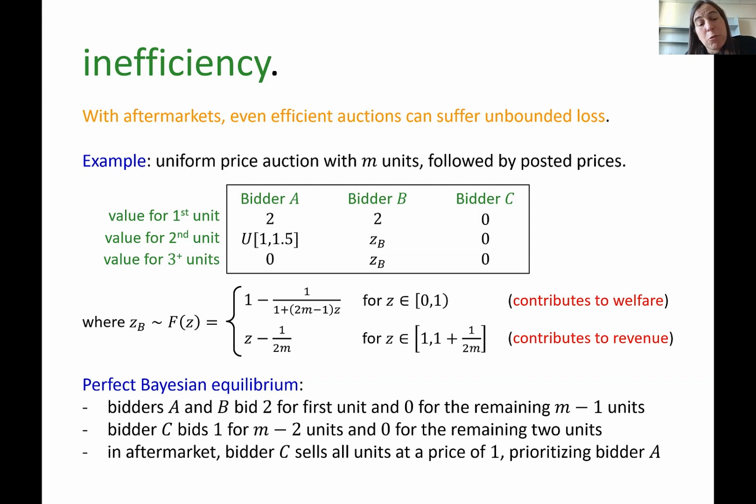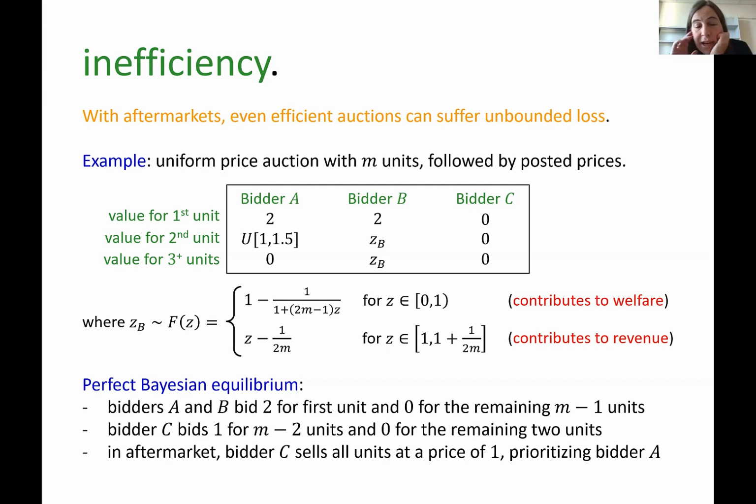This is why bidders A and B don't want to increase their bids for units beyond the first, because then they would be suffering by paying a higher price for that 1 unit that they're actually buying in the primary market. And bidder C is buying all the remaining units, and so the allocation is 1 unit to A, 1 unit to B, and M minus 2 units to C.